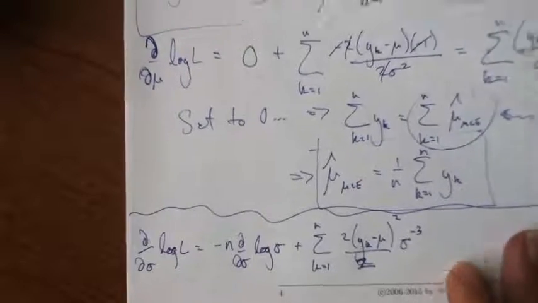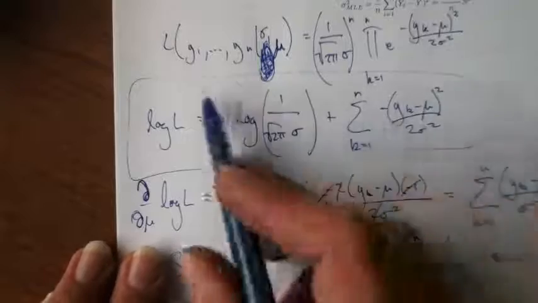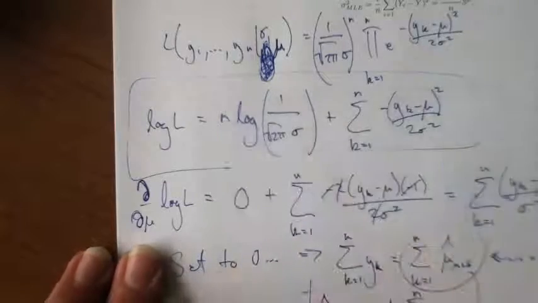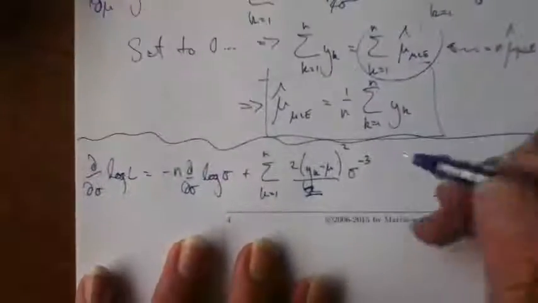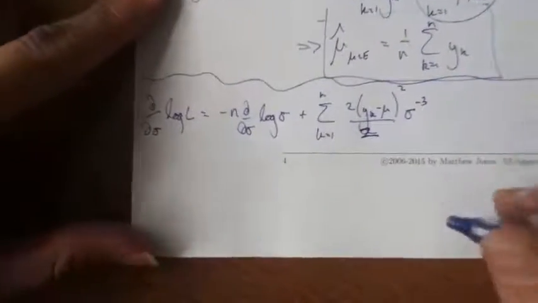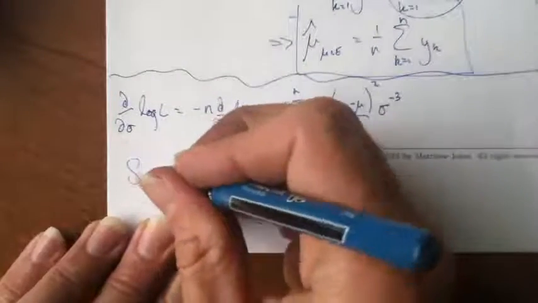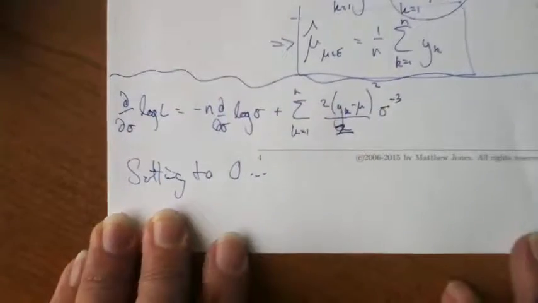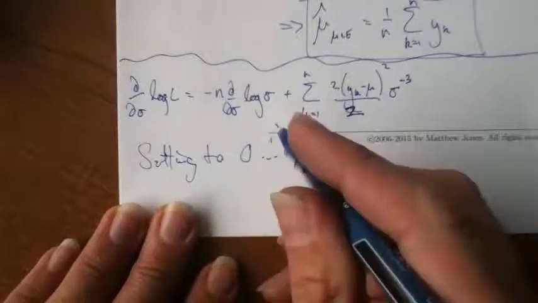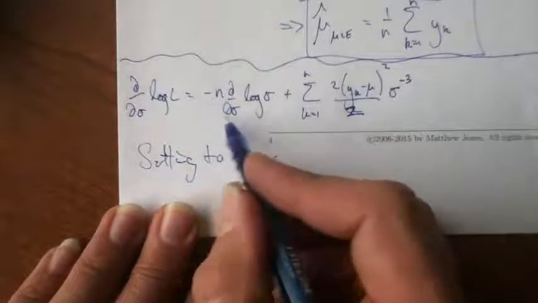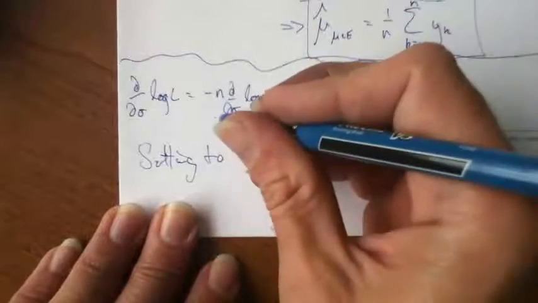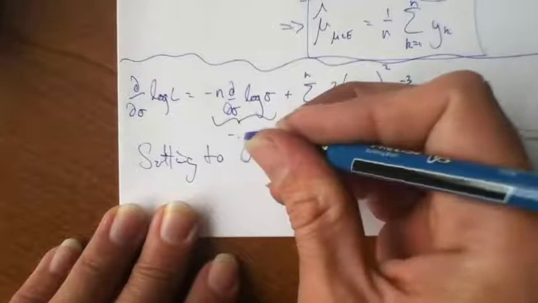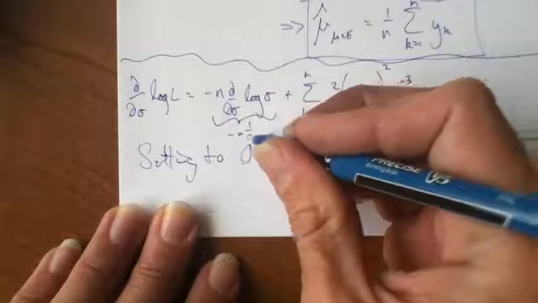I'm just differentiating this same log likelihood function, but this time with respect to sigma. Oh, whoops, I didn't quite finish. What's the derivative of the log term? This is going to be negative n times 1 over sigma, right?